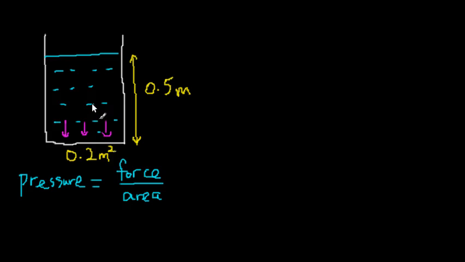I need something to describe the weight of the water, right? So I have the volume, and I can describe this using the density of water. Let's say water has a density of 1 gram per cm cubed.